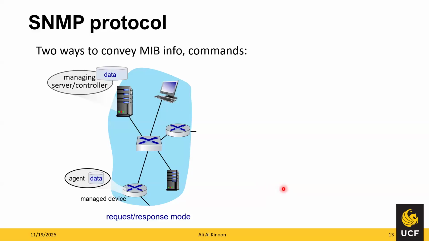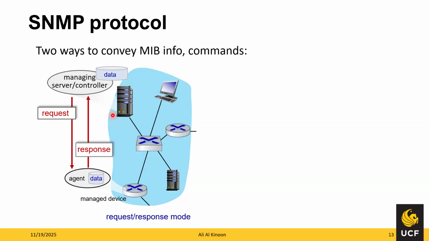So in the diagram we have a basic architecture where the server communicates only with the agent. The first model is a simple request and response interaction. In this mode, the managing server initiates all communication.